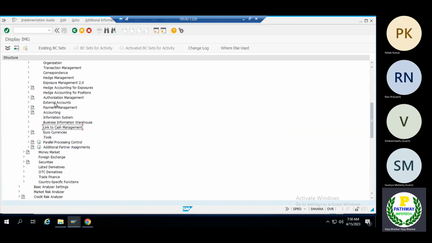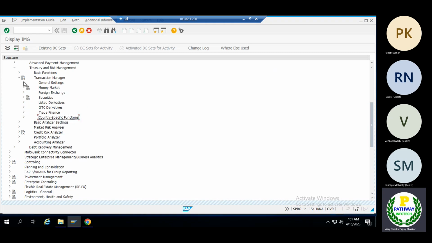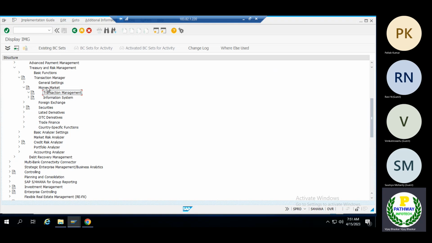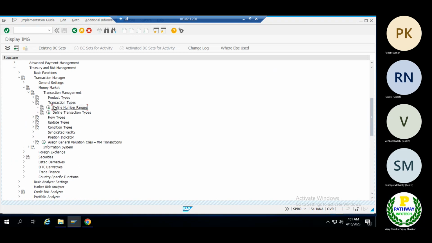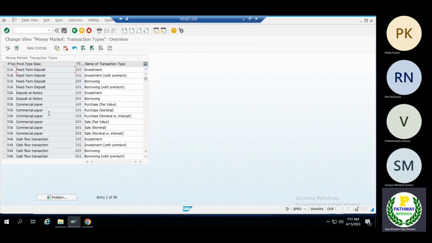If I go to money market, you can take anyone, under transaction manager, go to money market transaction manager, transaction types, define transaction type. Here you can see for the product type 51A, the transaction types associated with this product type are 100, 101, and 200, 201.